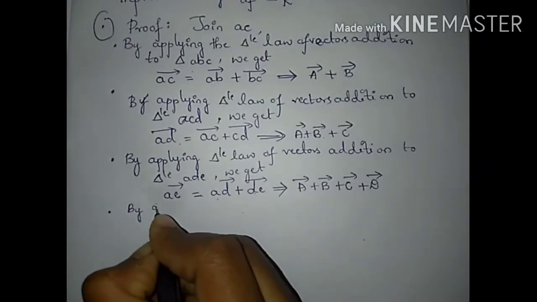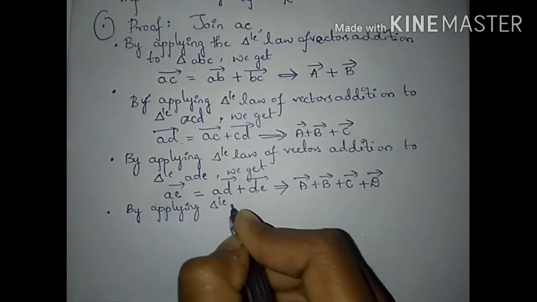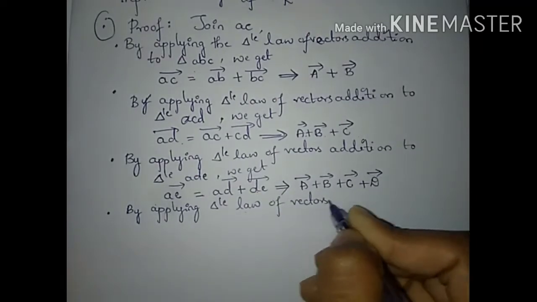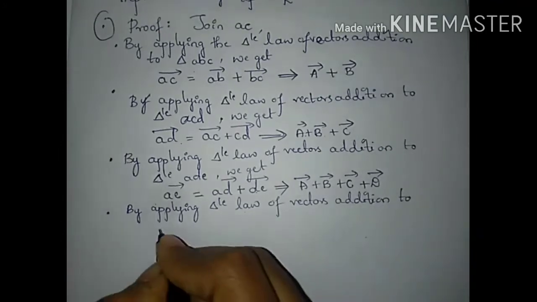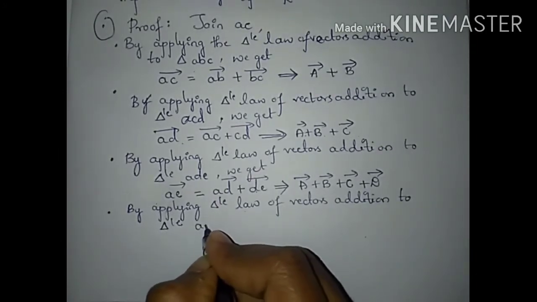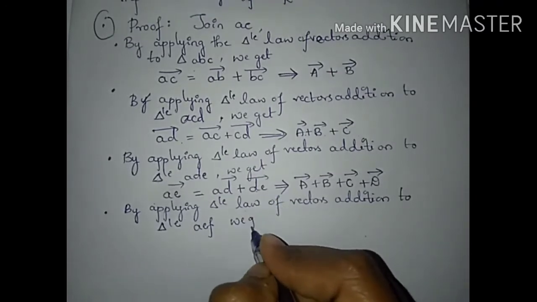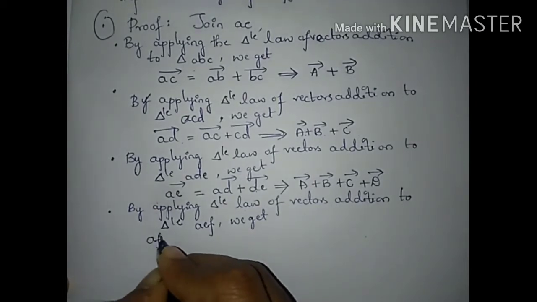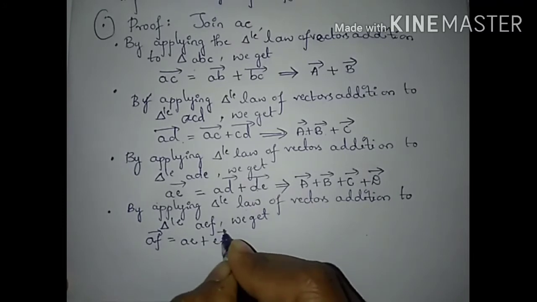So let us apply the triangle law of vectors addition to triangle AEF. So we get AF is equal to AE plus EF.